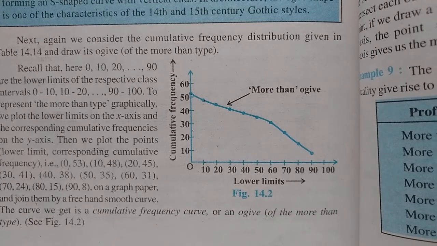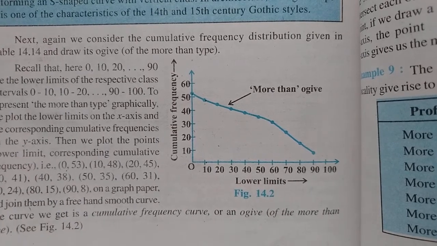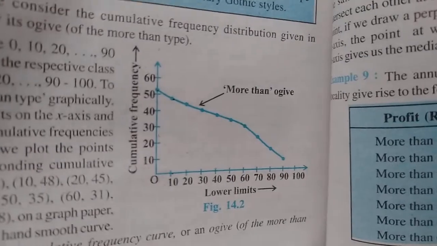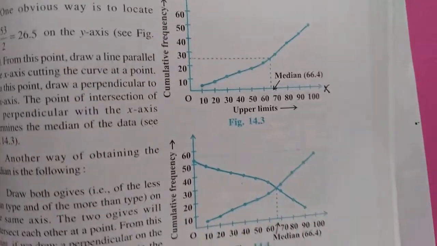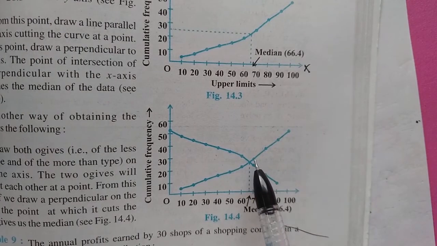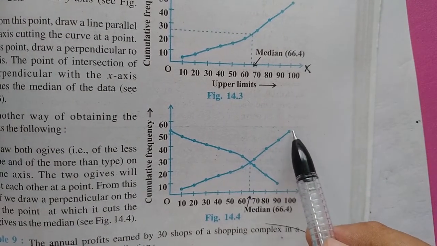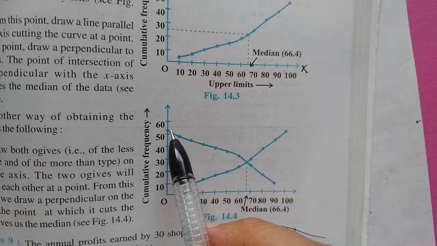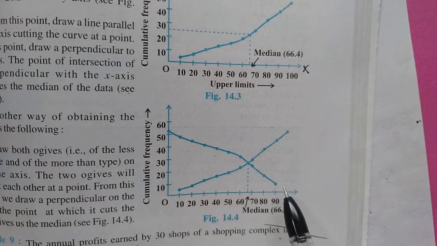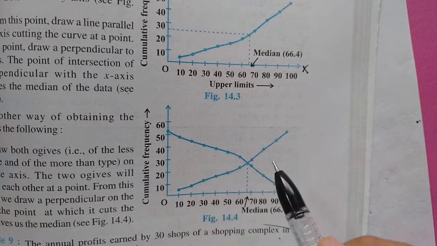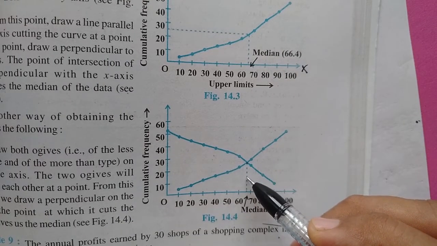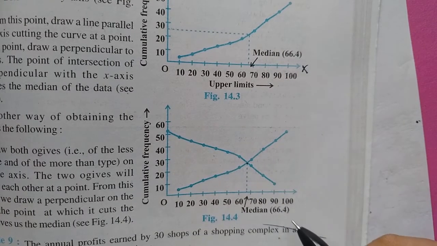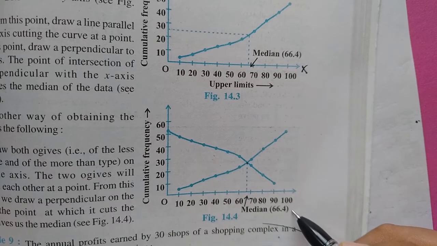So now, children, we combine both these graphs. If we draw a graph on the same page, then the situation will be like this, children. This is the less than type ogive, this is the more than type ogive, and both graphs intersect here. And from this point, draw a perpendicular line. This is 66.4.